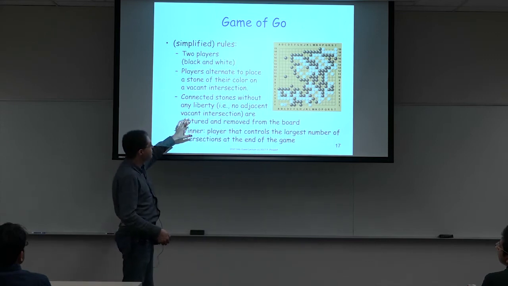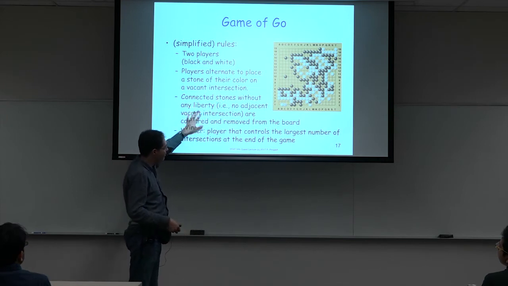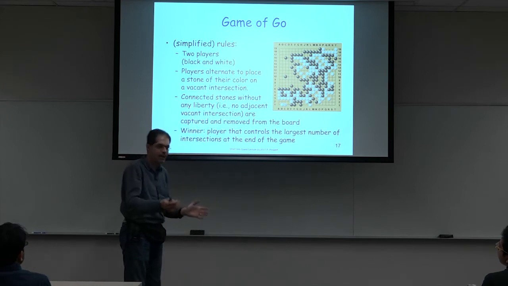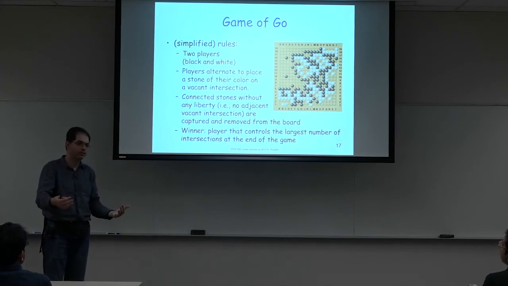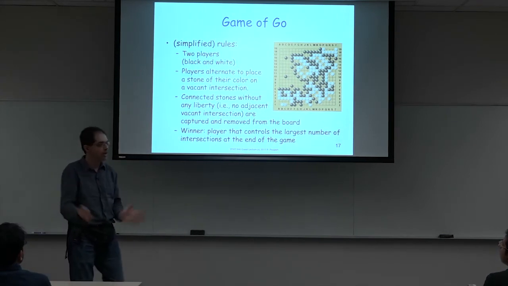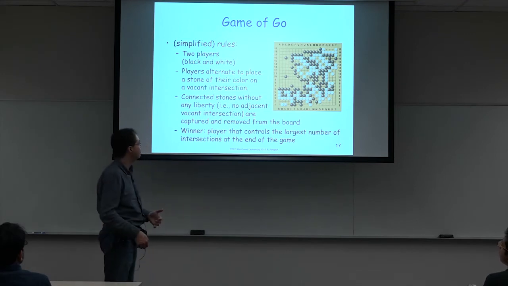So, for instance, if we have a set of connected stones of the same color and none of them has a liberty, so an adjacent intersection that is free, then they would essentially be surrounded and captured, and therefore they would be removed from the board.